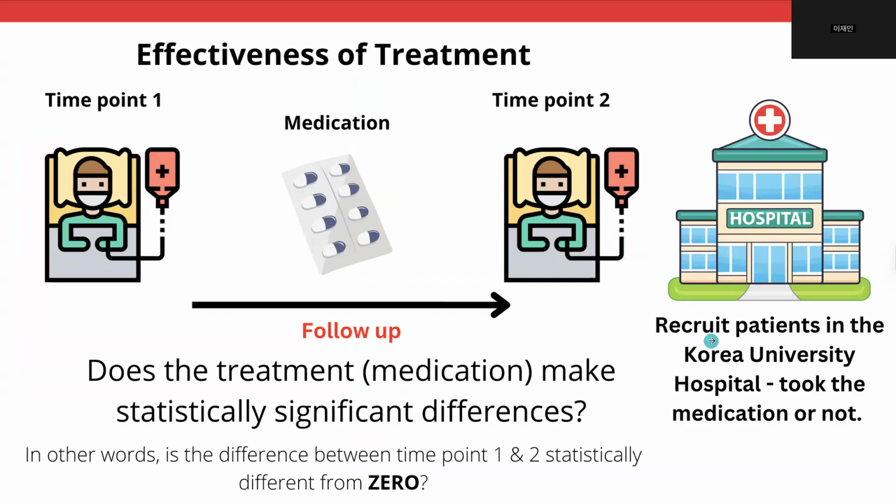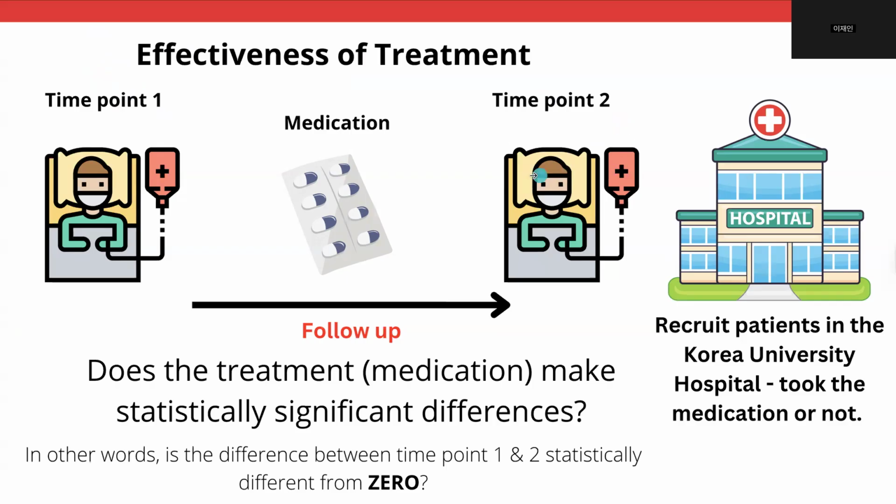So you are trying to recruit patients in the Korea University Hospital. They're trying to see whether the medicine treatment was very useful, comparing time point one, which is the earlier one, and time point two, the later one.